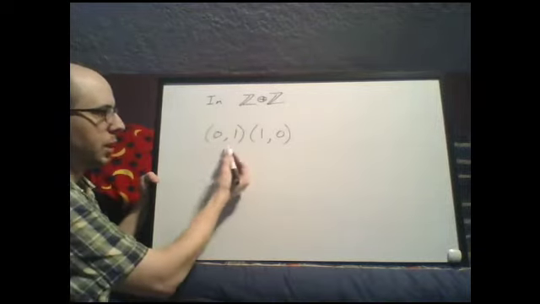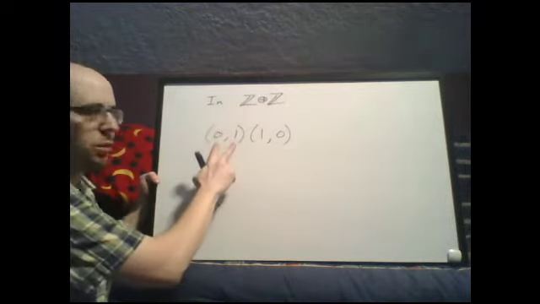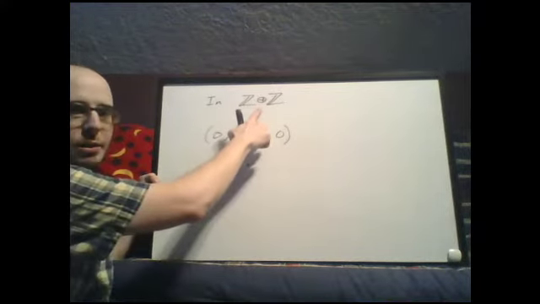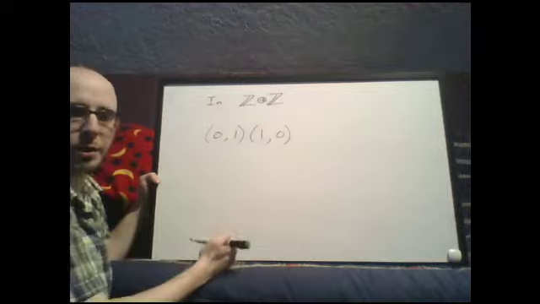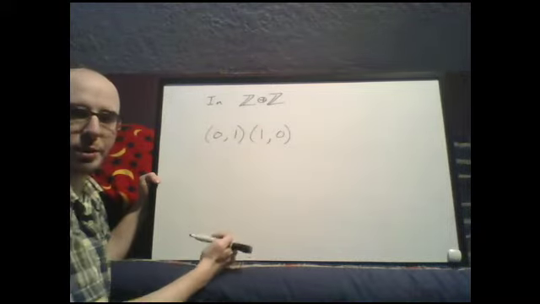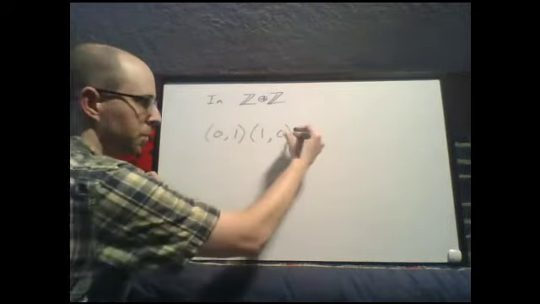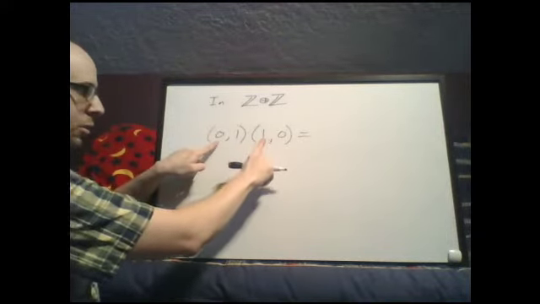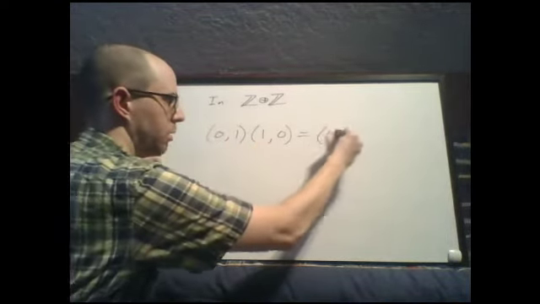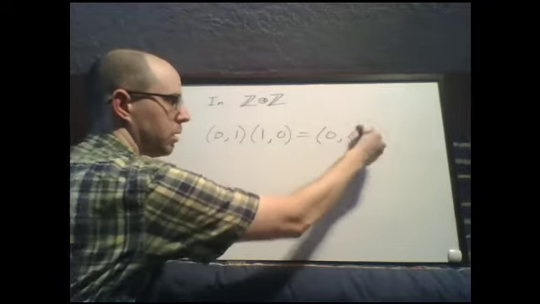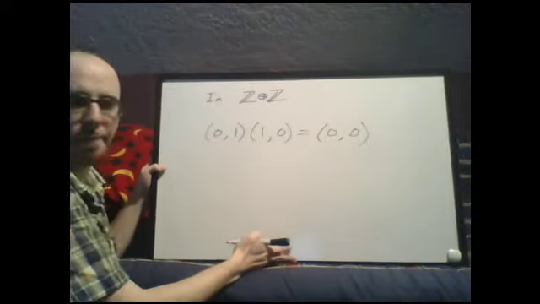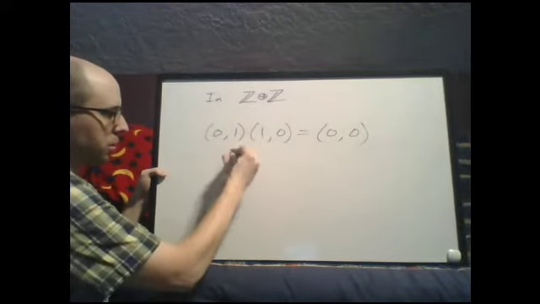So here's one element of my direct sum. 0, 1 is one element of this. 1, 0 is a different element of this. They're both non-zero because they don't consist only of zeros. But when I multiply component-wise, 0 times 1 is 0. 1 times 0 is 0. And that's my 0 element for this direct sum ring. So these are both zero divisors.